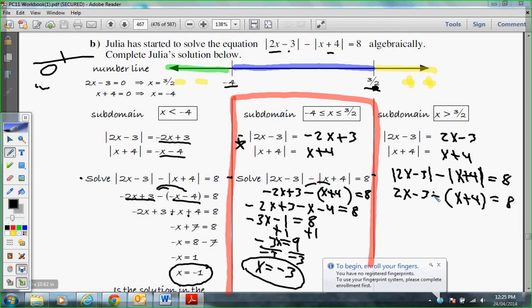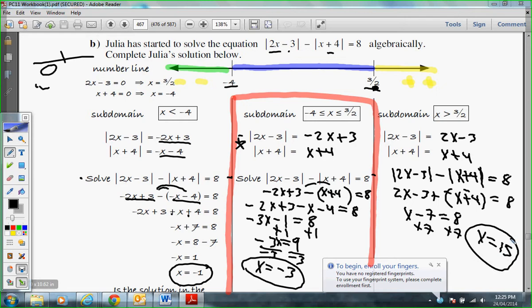So this is a minus x minus 4. So it's going to be x minus 7 equals 8. Add the 7, add the 7. X equals 15. There's my third answer.